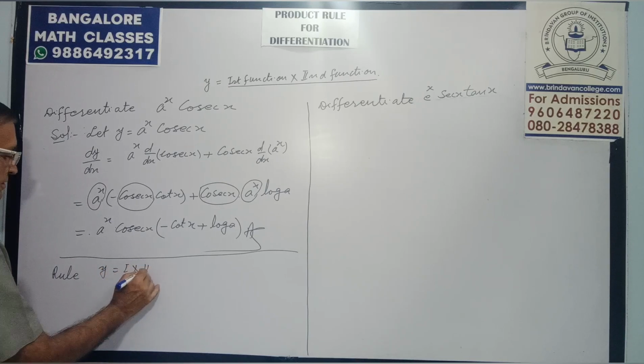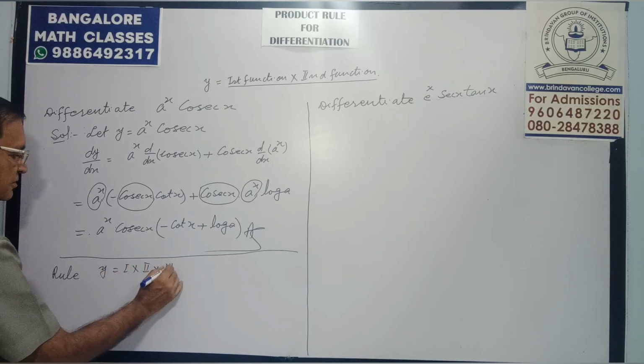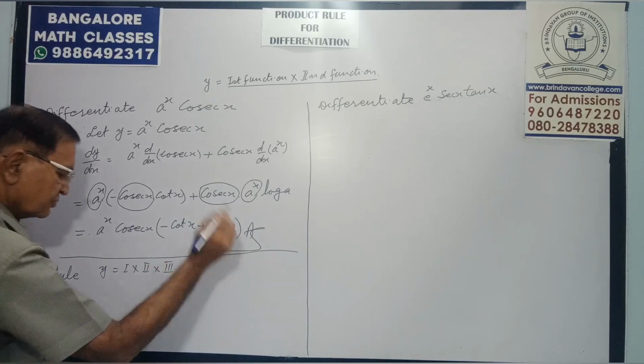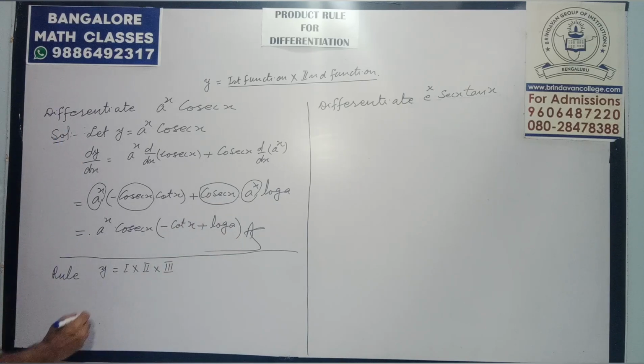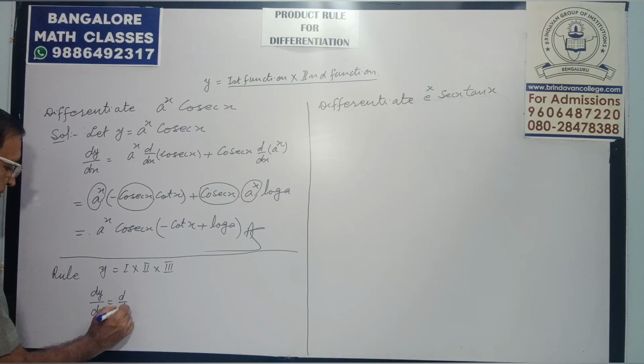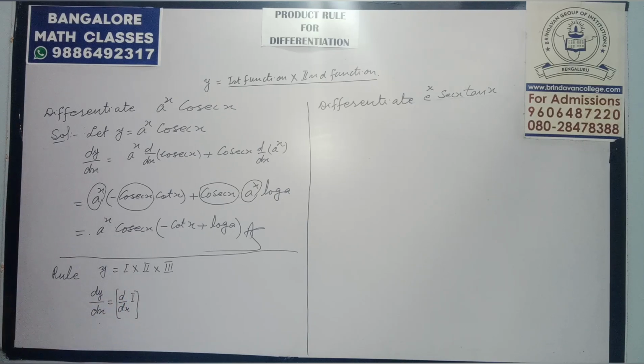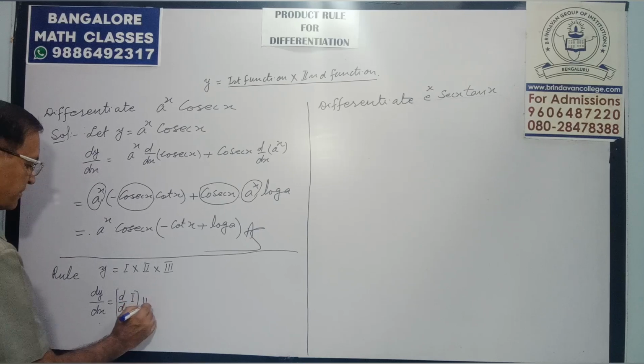First function, second function, third function, and so on, any number of functions possible. Then dy by dx: differentiate first, remaining 2 as it is.